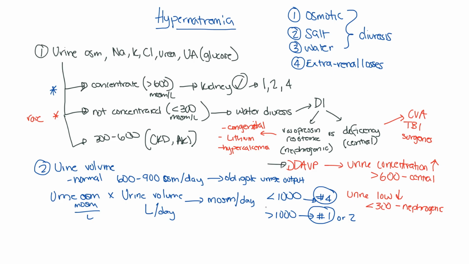So if they have a concentrated urine, but it is still leading to polyuria and excess water output because of the number of osmoles that have to be dumped per day, then they're going to slowly lose water, right? If we go back to our equation, total body water is going to decrease.